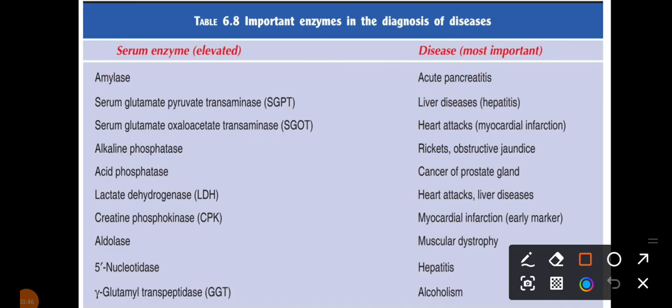Just remember guys, SGPT is for hepatitis and SGOT for myocardial infarction, right? And previously we have seen another enzyme for myocardial infarction, that is CPK2, right? So these are the important enzymes and the most important diseases, right?